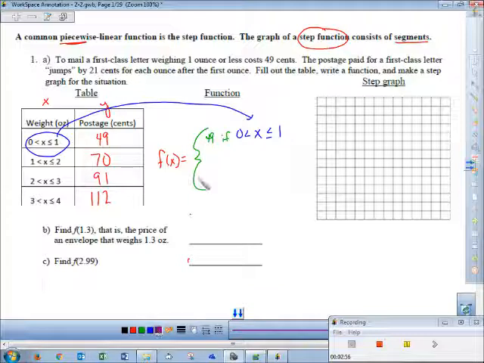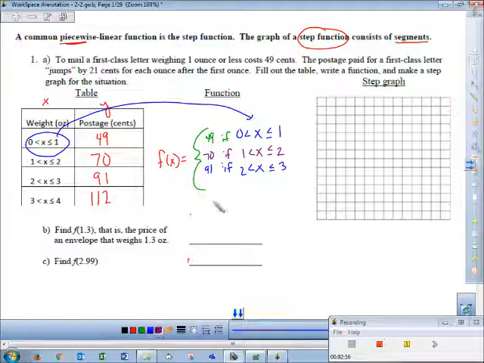Then we rock and roll it down here. It would be 70 cents if the weight of our letter is greater than 1 ounce, but less than or equal to 2 ounces. And then we do it again. It's basically like putting this table over here in this function form. It'd be 91 cents if our weight is greater than 2 ounces and less than or equal to 3.